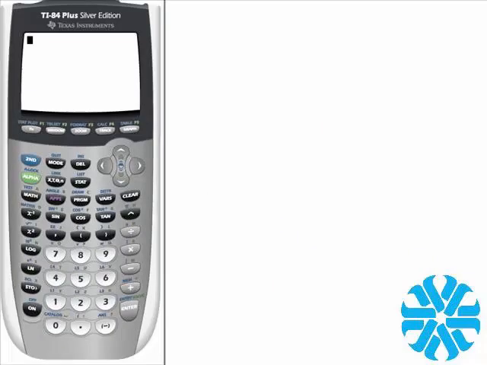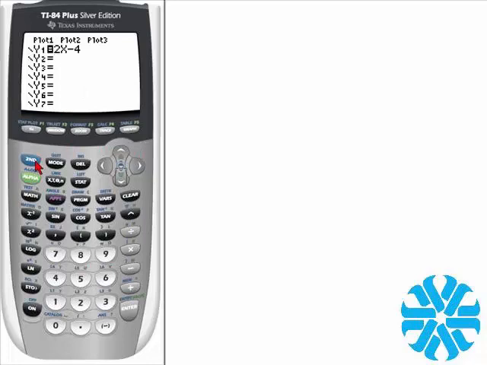I would like to continue with one more example involving the vars key. If we go to y equals, let's input a linear function y equals 2x subtract 4. And let's quickly graph this. So you can see here's our linear function. Now if we go back into where we inputted the function, and let's go down to y2. Let's say that we wanted to input the square root of this function.